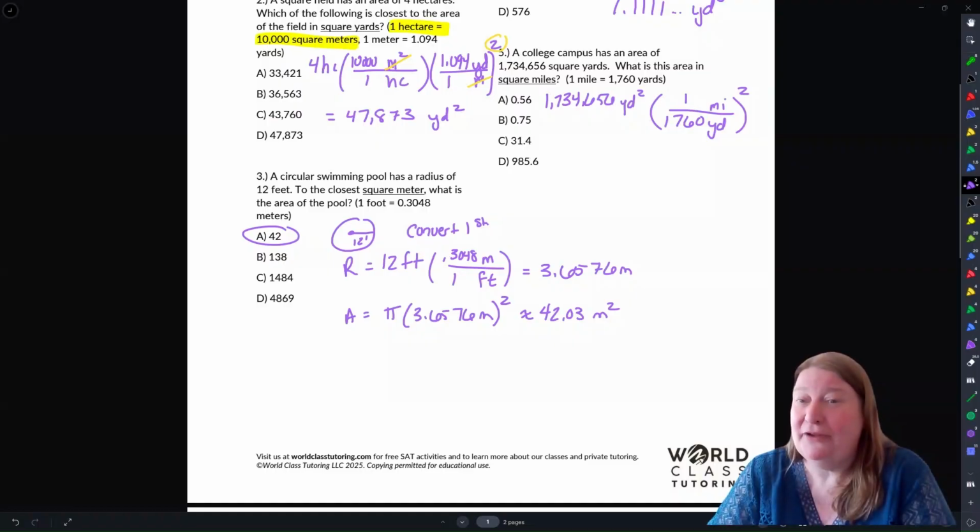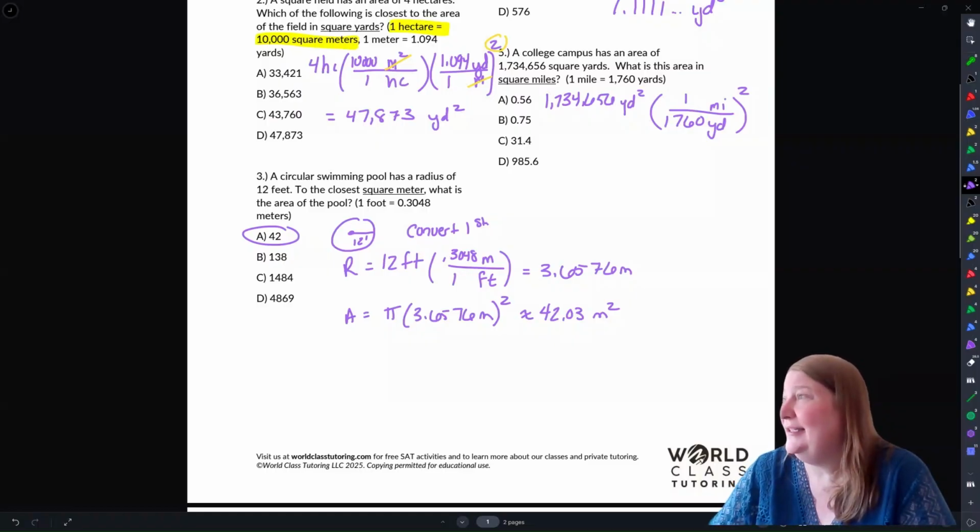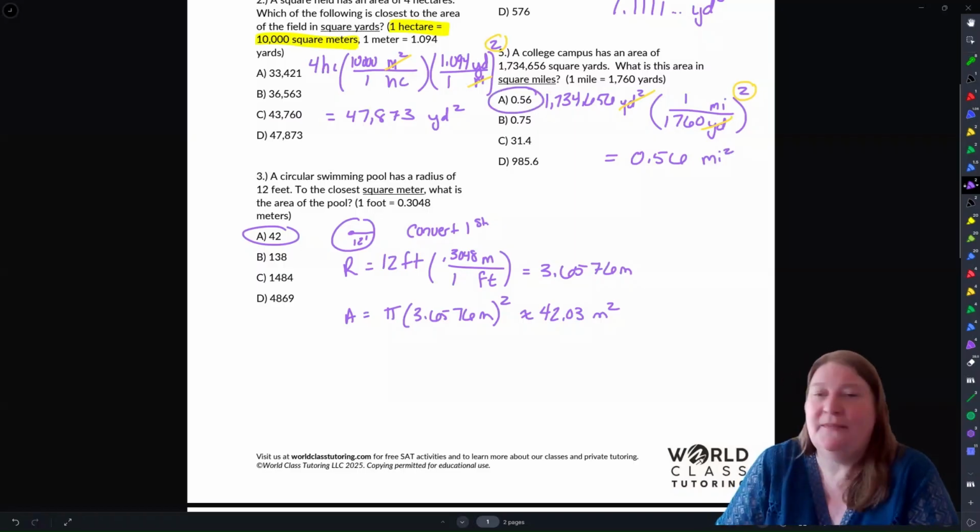And it's going to get smaller than you think. When I do that division on my calculator, I'm getting 0.56. I canceled the yards. I'm left with miles, but those miles are squared, so my answer is in square miles, which is exactly what I want. That's what's underlined there. So my answer here is A.